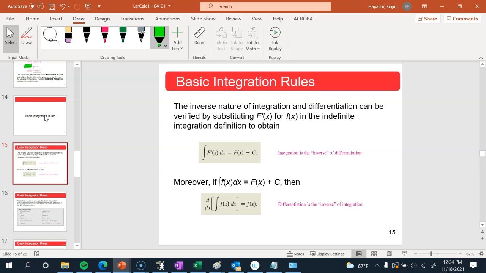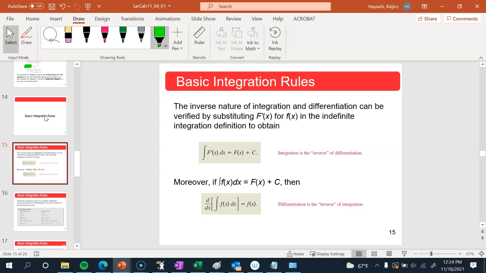In the same way, if you start with some function and you take the derivative and right after, take the integral, you're going to get your original function back. And it works the other way too. If you take the integral of a function and then immediately after you take the derivative, you're going to get your original function back. Just know that, in that sense, they undo each other.